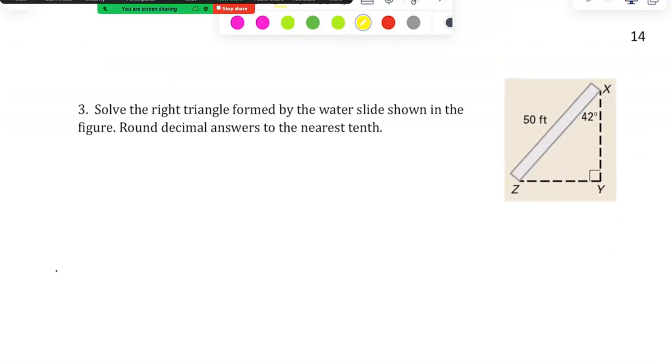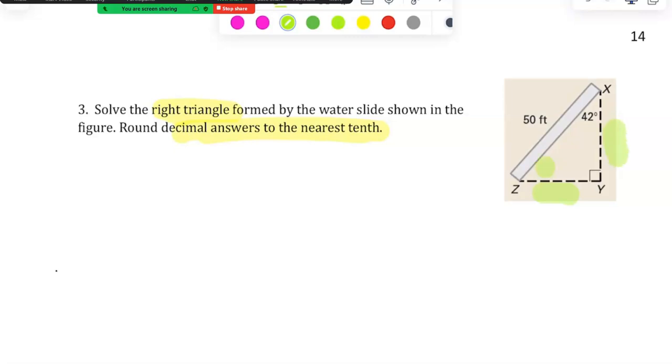Okay, so here we have, it says, solve the right triangle formed by the water slide shown in the figure. Round decimal answers to the nearest tenth. Okay, if they want to solve for the triangle, what do I need? Well, I'm going to need this side and that angle.